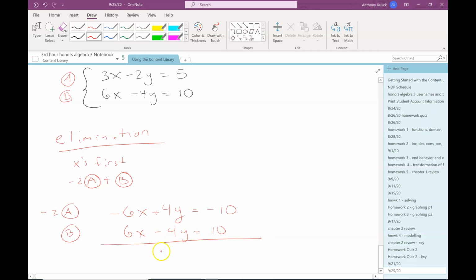So when we add down, we get that everything cancels on both sides, and we're left with 0 equals 0. This again tells us infinitely many solutions. That's a true statement. Everybody okay with that?